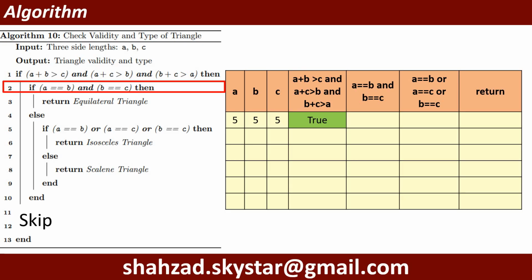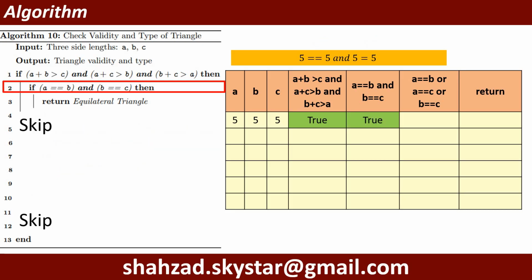In case of true, lines number 11 and 12 will be skipped, ignored, and then our control will move to the next line, that is line number 2. In line number 2, if A equal to B and B equal to C, then it checks that 5 equal to 5 and 5 equal to 5, so both conditions are true.